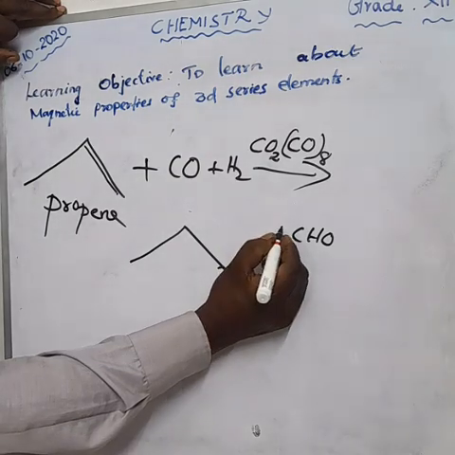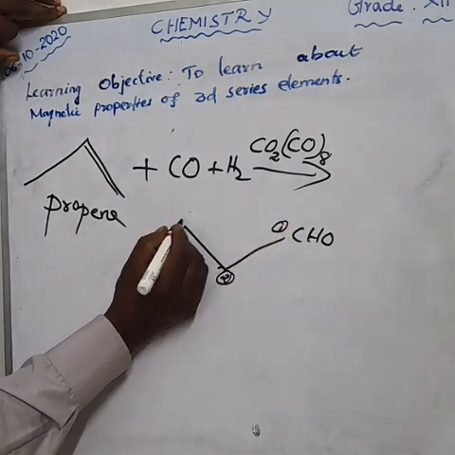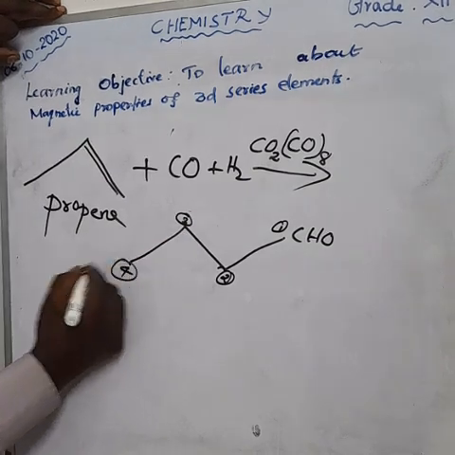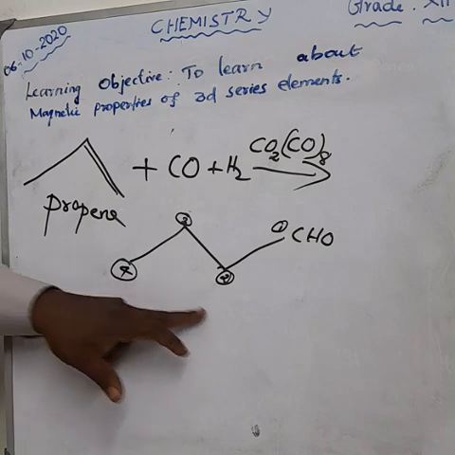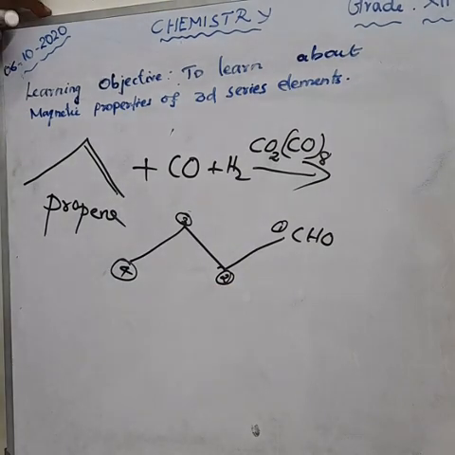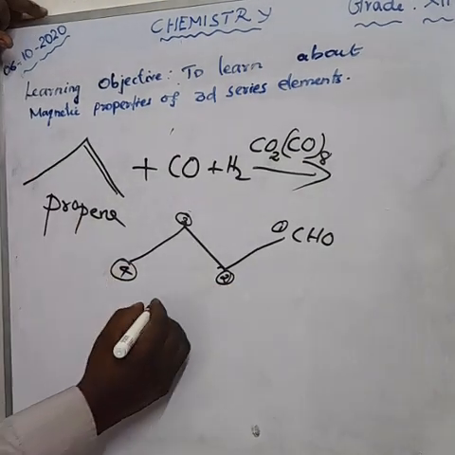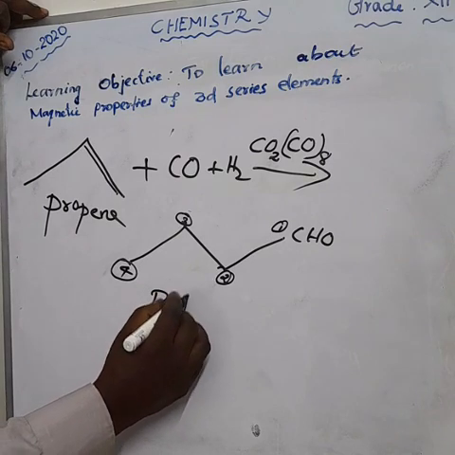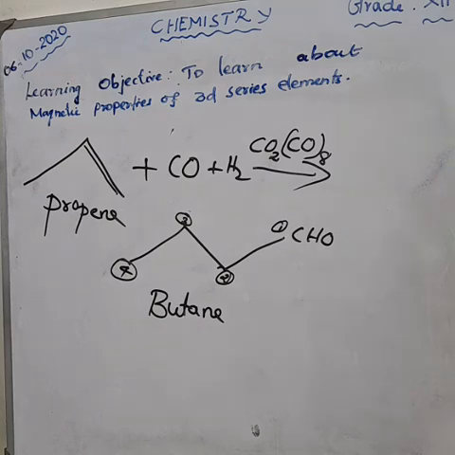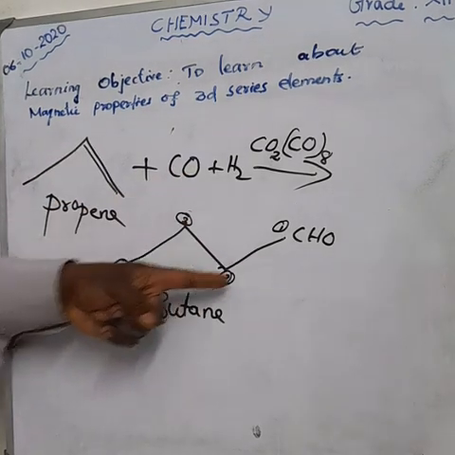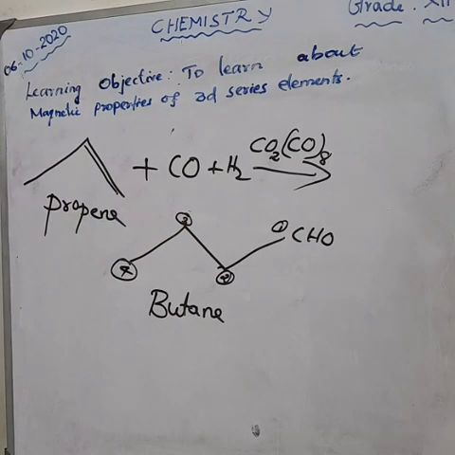Start with number 1, 2, 3, 4. For 4 carbons the alkane name is butane, am I right? In the 11th class you may have learned that 1 carbon is methane, 2 carbon ethane, 3 carbon propane, and 4 carbon butane.